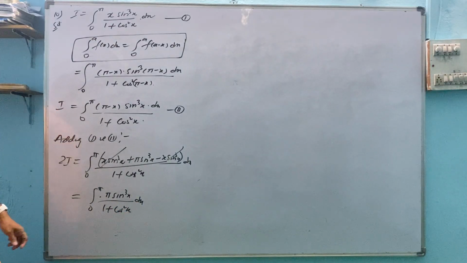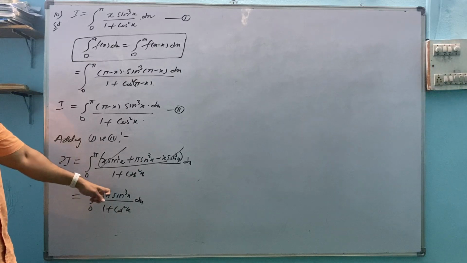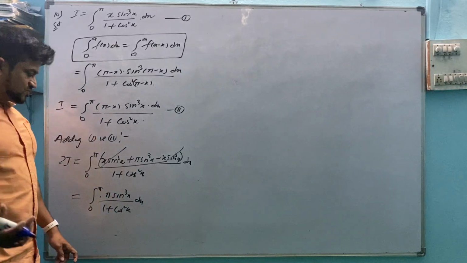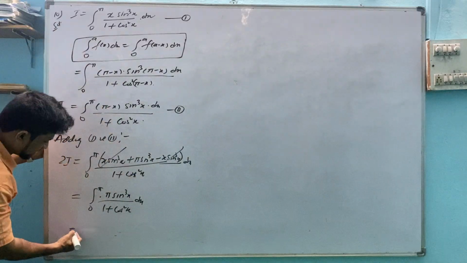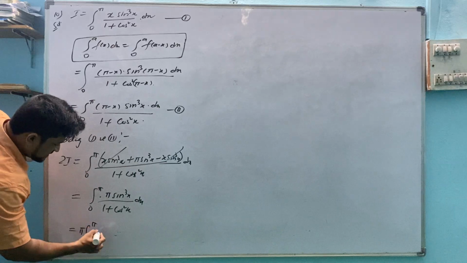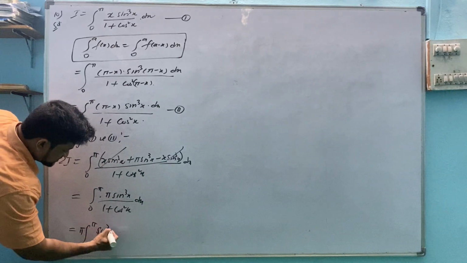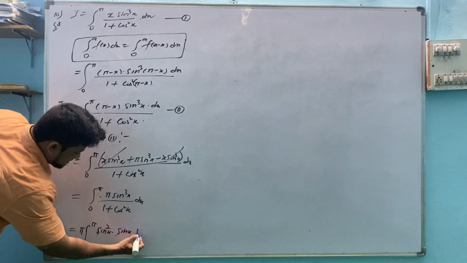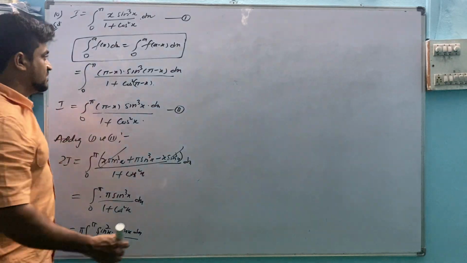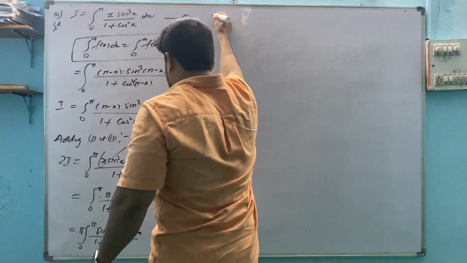Now we have sin cube, so we can convert sin cube into sin square into sin. So we can write this as integral 0 to pi, pi outside, sin x into sin square x into sin x dx divided by 1 plus cos square x.